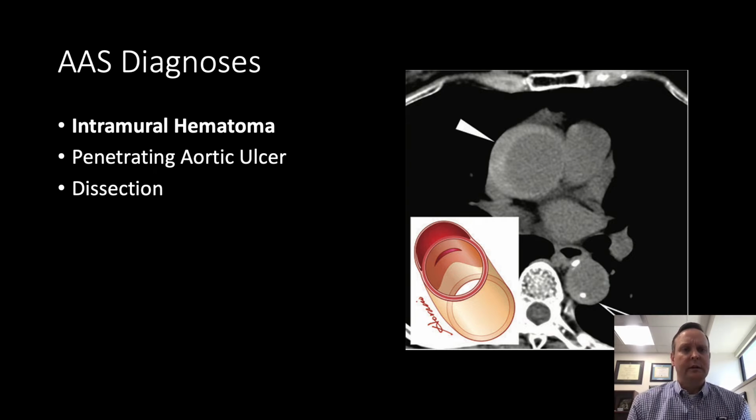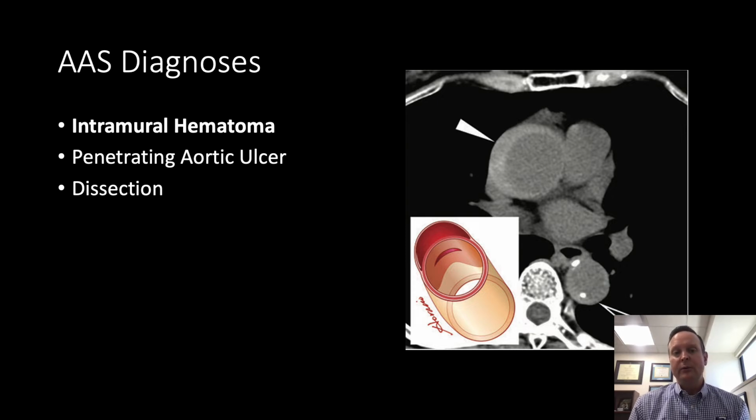So the first diagnosis to discuss with acute aortic syndrome is intramural hematoma. In this image, we've got a non-contrast example of the aorta, and the white arrow demonstrates a hyperdense crescentic abnormality surrounding the ascending aorta.